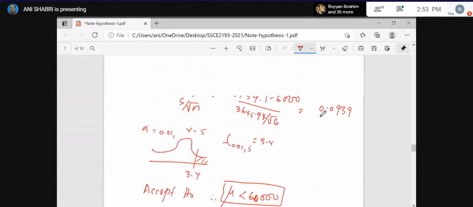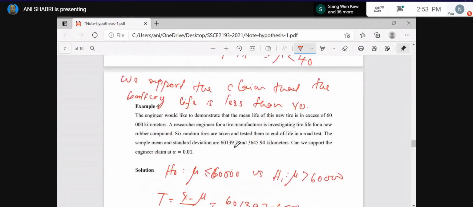The claim: the engineer claims that the mean life of his new tire exceeds 60,000 kilometers. Do we support or not support? The engineer claims that it exceeds 60, but from the experiment we get less than 60. We cannot support; we do not support because the conclusion is contrary.